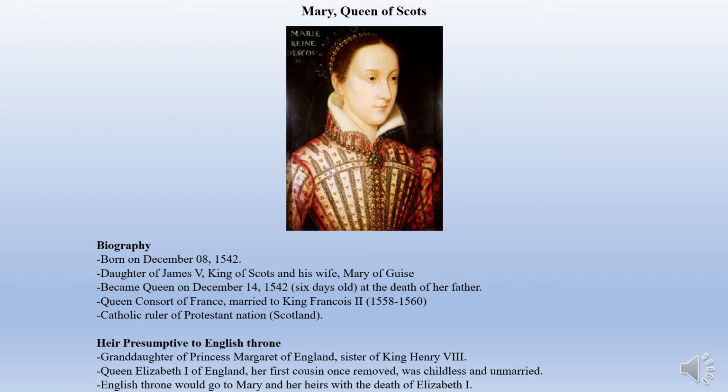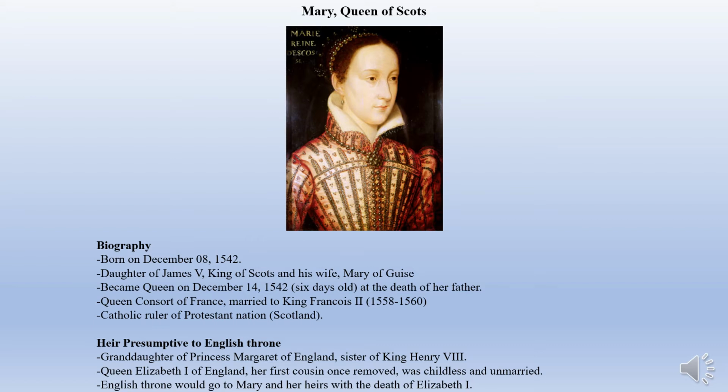So everyone knows that she is now the heir presumptive, that if the English throne were to be vacant after Elizabeth dies, it will go to Mary and her heirs. Elizabeth knows this, and she's okay with this at the time, because the reality of it is she's been a queen for a long time. She was 6 days old, actually, when she became Queen of Scots.